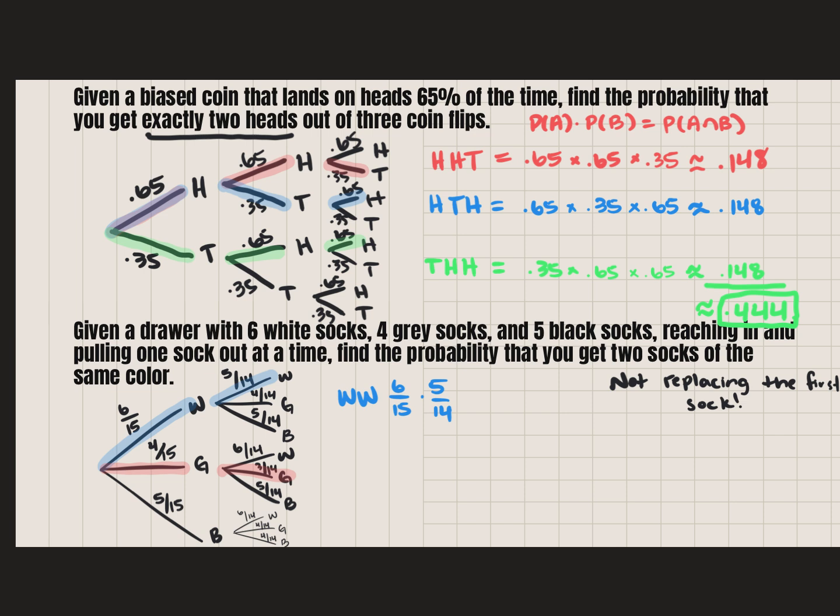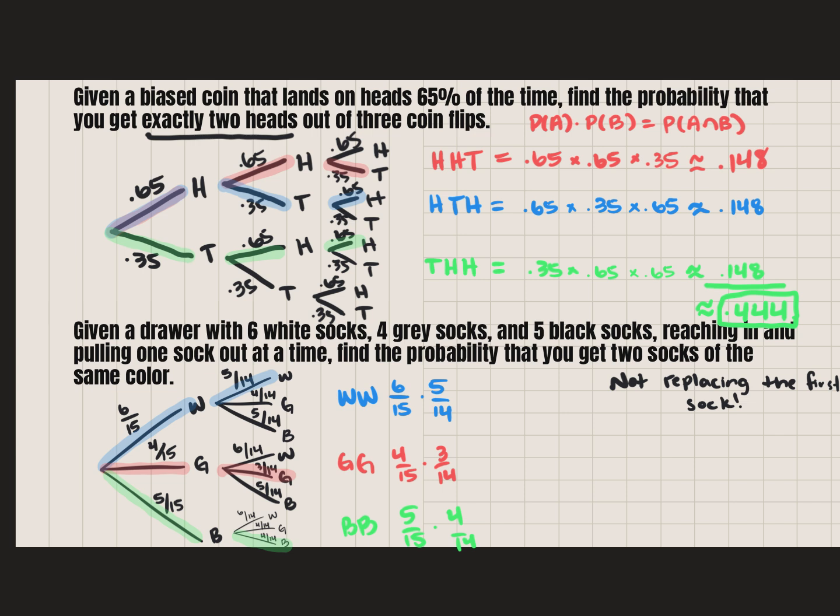That's going to be 4 out of 15 times 3 out of 14. And the last one, highlighted in green here, I could also get 2 black socks, which would be 5 out of 15 times 4 out of 14.